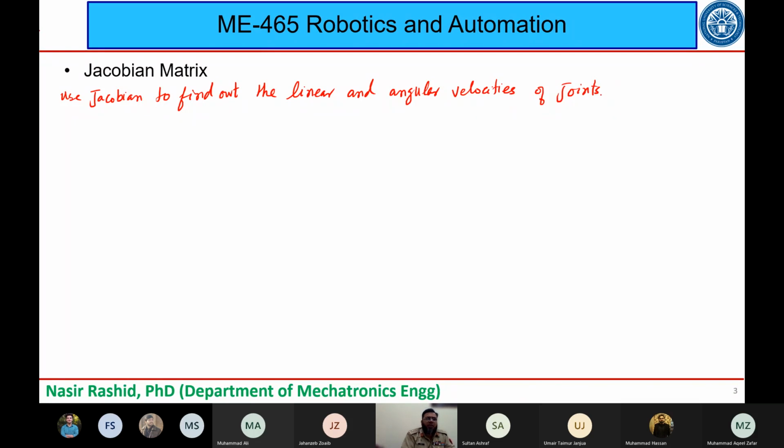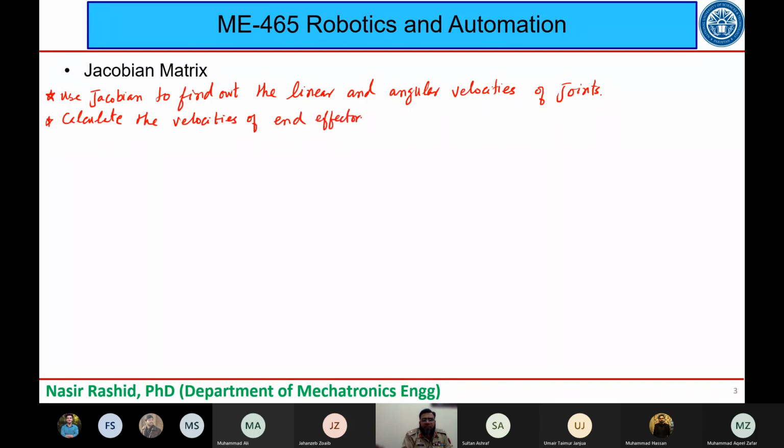While we are able to find out the linear and angular velocity of the joints, as a whole I would say that we will be able to calculate the velocities of the end effector.